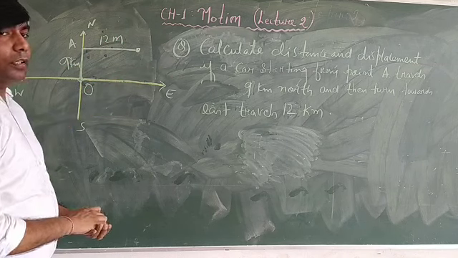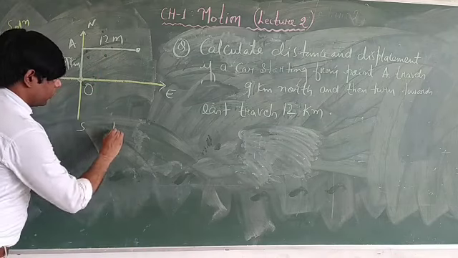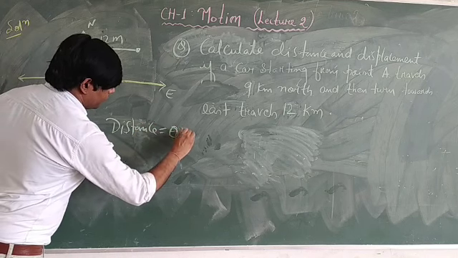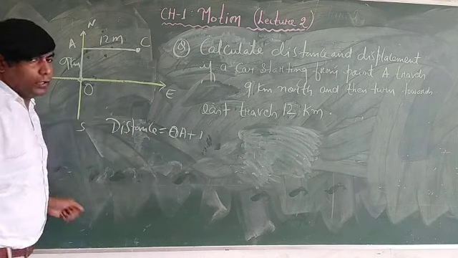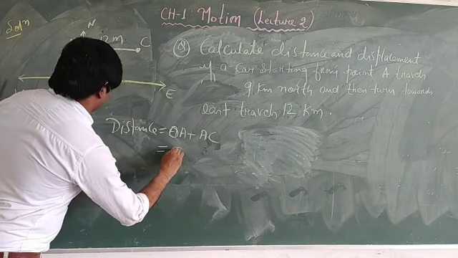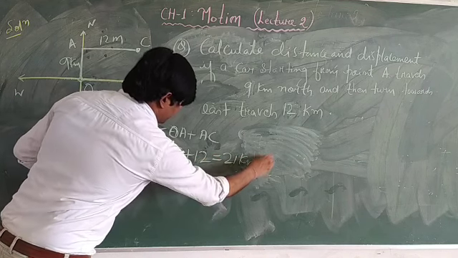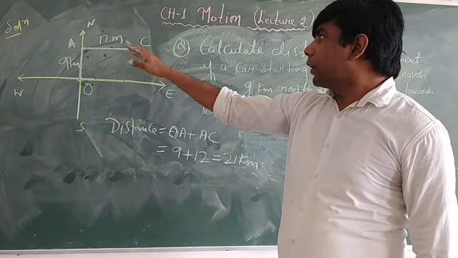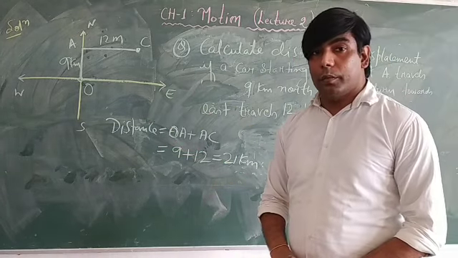Going by the formula, distance equals total path length, that is OA plus AC, that is 9 plus 12, which is equal to 21 km.